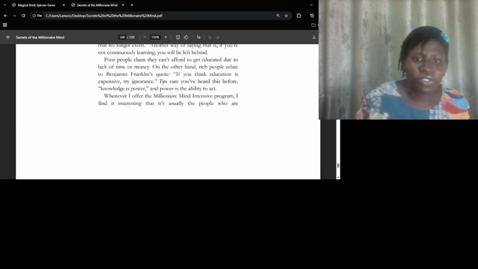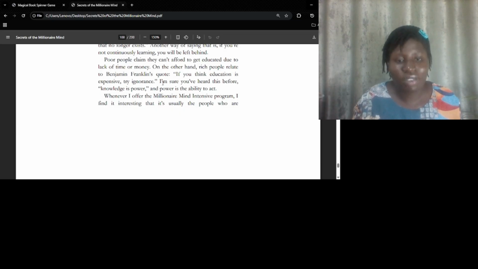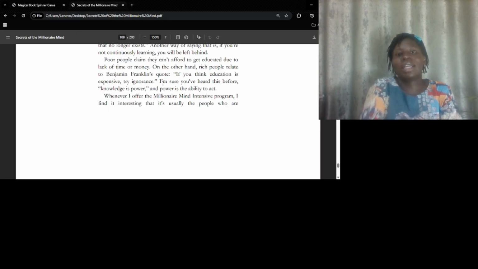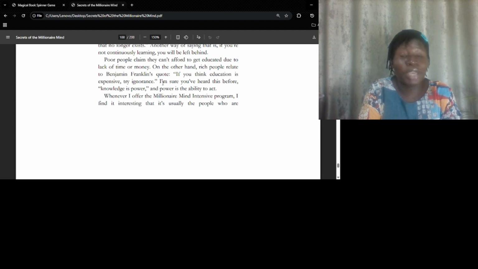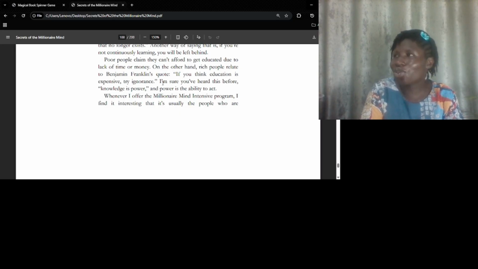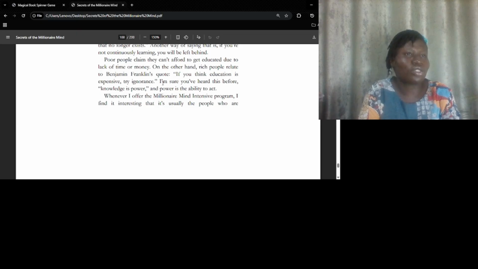I'm sure you've heard this before. Knowledge is power, and power is the ability to act. So you can't tell us you're knowledgeable and yet you just sit like a statue. In my experience learning, being a programmer, a software developer, we were always told you can't become a programmer by watching someone code, or by watching a screen of someone trying to solve a problem, and then tell us you're knowledgeable.